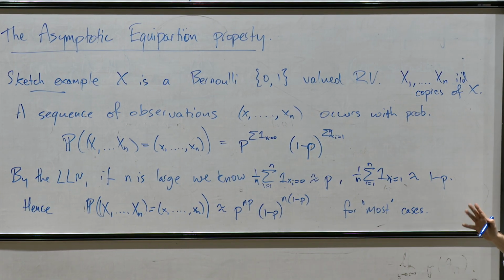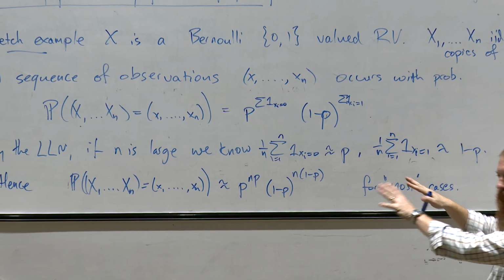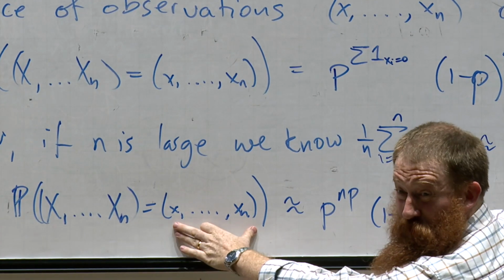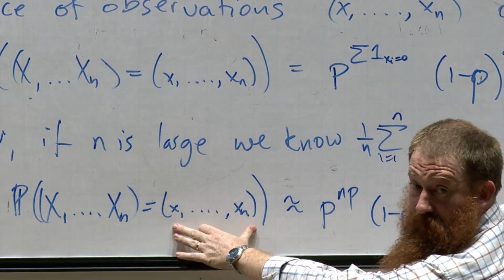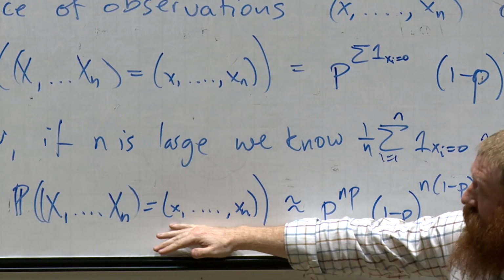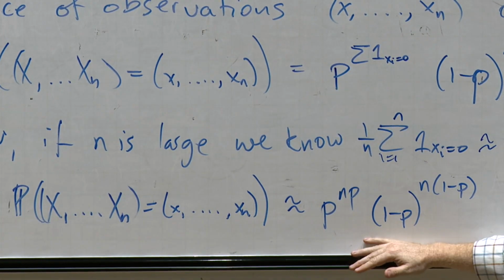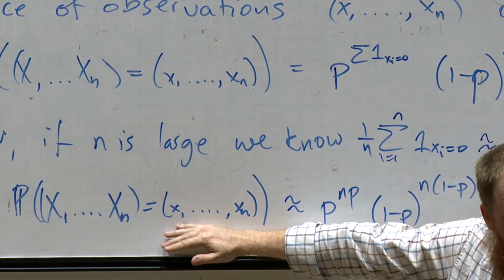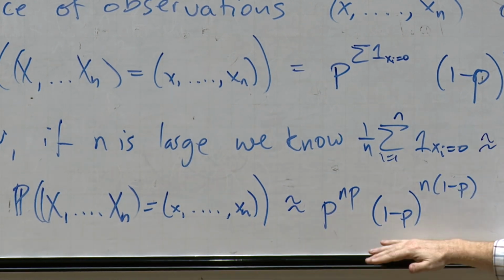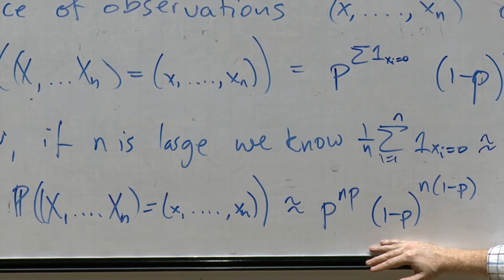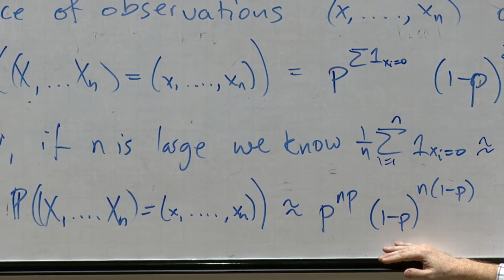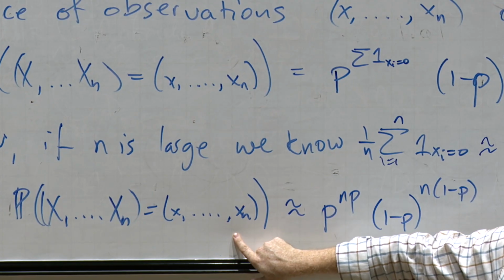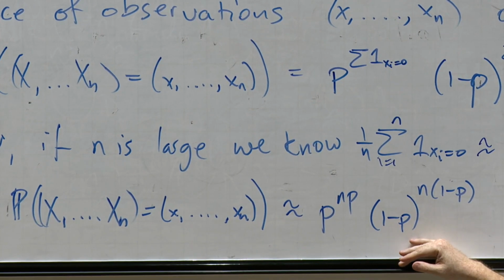So I'm being very sloppy here because I've used the law of large numbers to say I think this is going to be true, and it's sort of true for most of the reasonably likely things that would happen here. It's very unlikely that I observe a sequence which isn't going to look like this. So for most of the little x's, most of the observations that I care about, this statement of probability is going to be true. And you notice that this is a constant. So for most of the observations that I could care about, I'm going to get a constant probability.